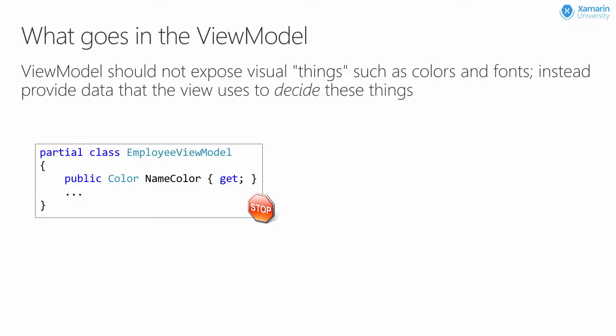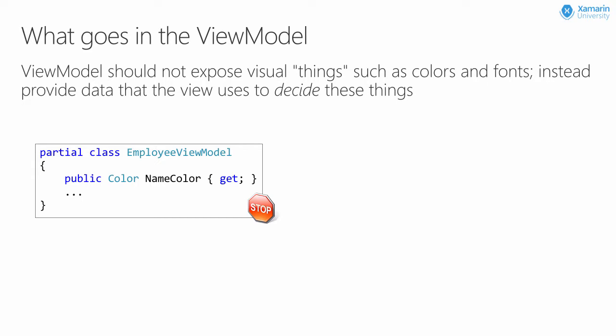One of the view model's jobs is to present data to the view so that it can be visualized, but it shouldn't be dictating how that data is visualized. That's the view's job. Let's take a look at the code you see on the left. At first glance, it looks reasonable. We want our supervisor's name to be shown in a specific color. However, we're now enforcing certain view stylings from the view model.